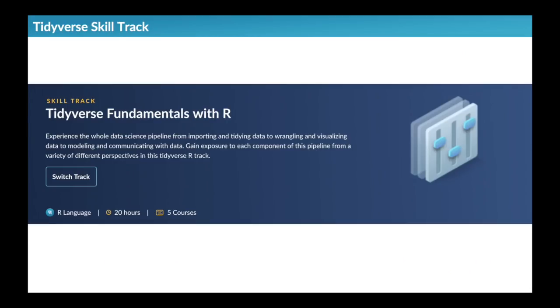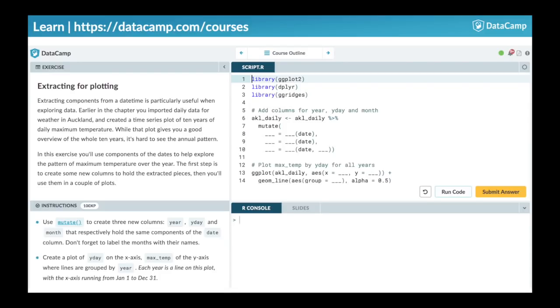And we actually have a whole Tidyverse Fundamentals track with R. My course is in here as well, Categorical Data in the Tidyverse. It also has courses on communicating with data, working with data, and modeling. So it's a really nice start. It's five courses long to start doing the Tidyverse.